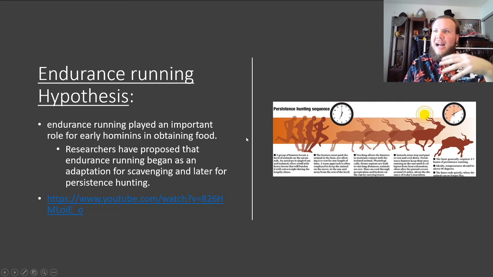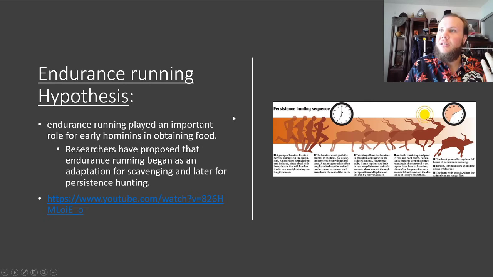The next one kind of goes along with that carrying model and also the thermoregulatory one: that we developed bipedalism for endurance running or persistence hunting. Endurance running possibly played an important role for early hominins in obtaining food.